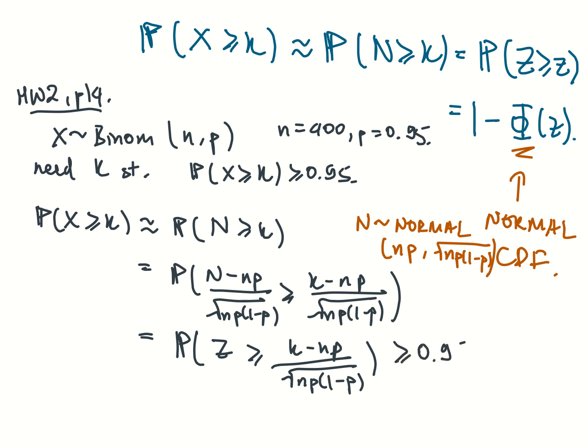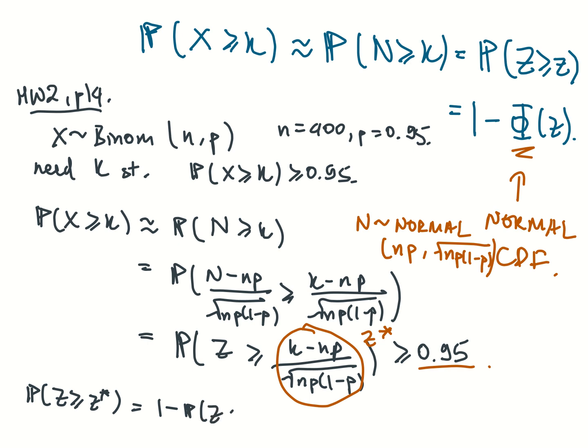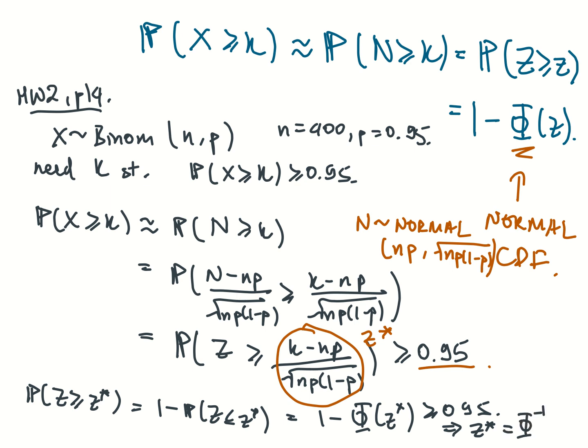We need this to be at least 0.95. So the problem becomes: find z star such that the probability of Z bigger than or equal to z star is 0.95, where Z is the standard normal. Now we rewrite in terms of the normal CDF. So z star equals phi inverse evaluated at 0.05.